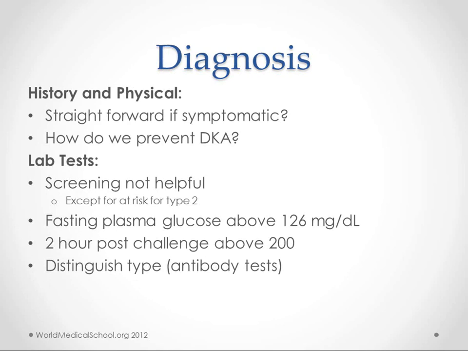So diagnosis. We're going to use a history and physical to help us know if we're going to test for diabetes. So if they have any of these symptoms in the office, then we get a blood sugar test, and it's usually pretty straightforward. The reason I've got a question mark here is because if it's so straightforward, then why do we still get all these kids presenting with ketoacidosis?